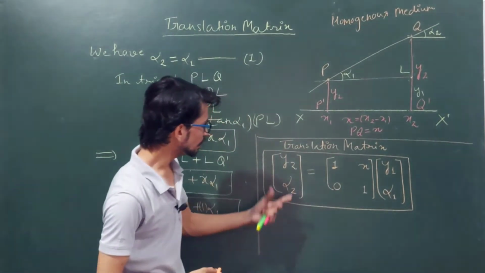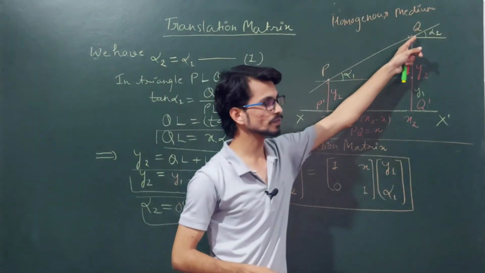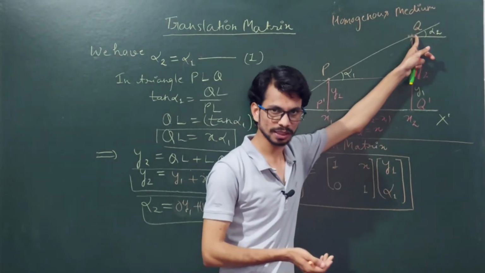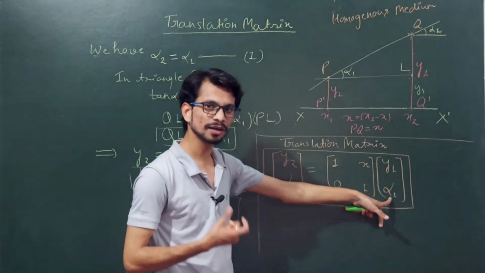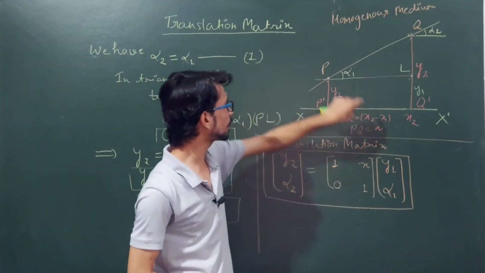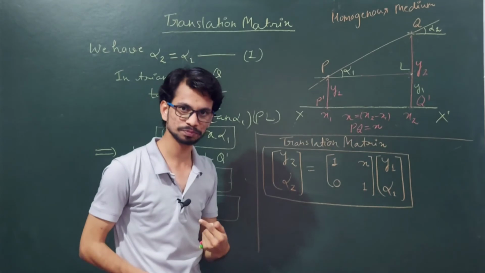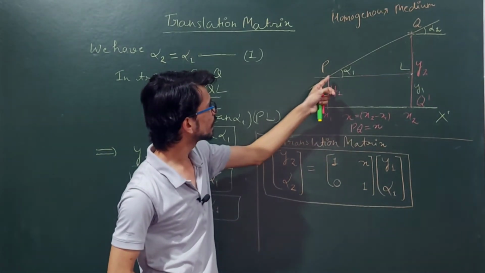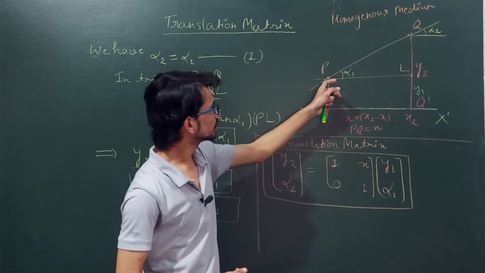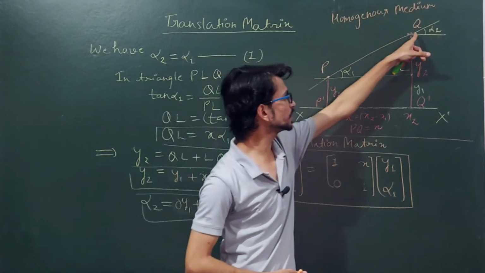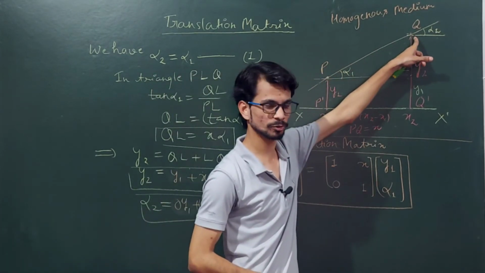Here you can easily see y2 and alpha 2 are the coordinates of the final point. This can be treated as the output ray, the output point, and y1 and alpha 1 are the coordinates of the point P, which can be treated as the input ray, because at point P the ray was coming from the point P and going to Q. So this is termed the input point and that is termed the output point.